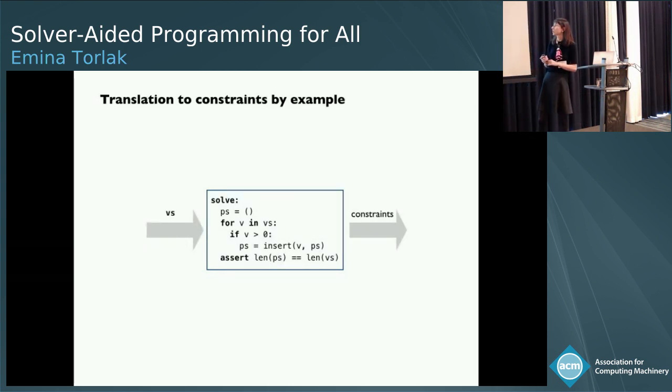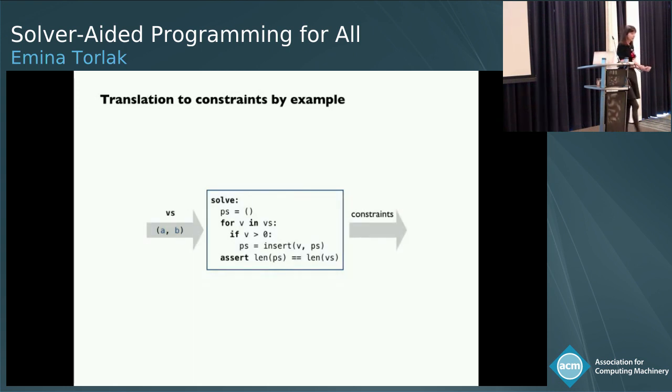Okay, so what we're looking to do here is when somebody gives us a list of symbolic values, let's call this list VS, we would like to output an encoding of the meaning of this assertion at the end that captures the program behavior.